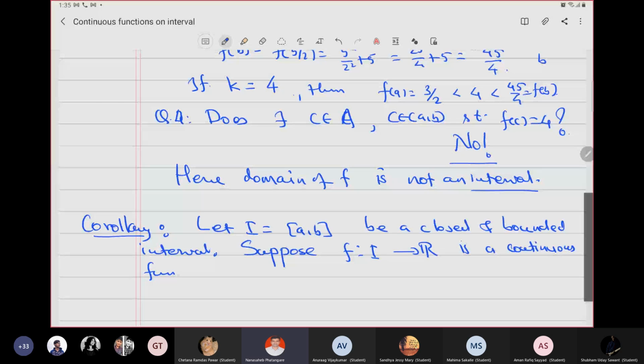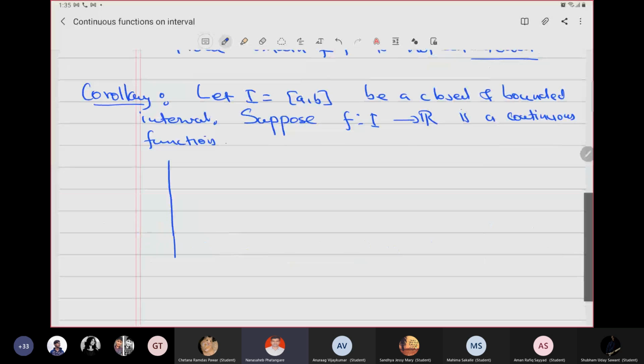So, okay, now what is the situation? Let me sketch the graph. So my domain is now an interval and the function is continuous. So this is the graph of function f on this interval AB.